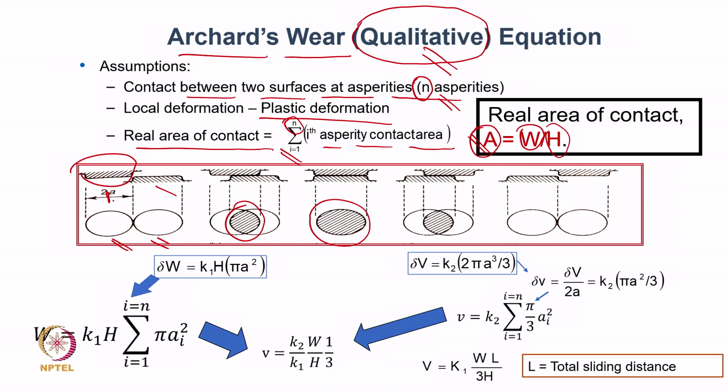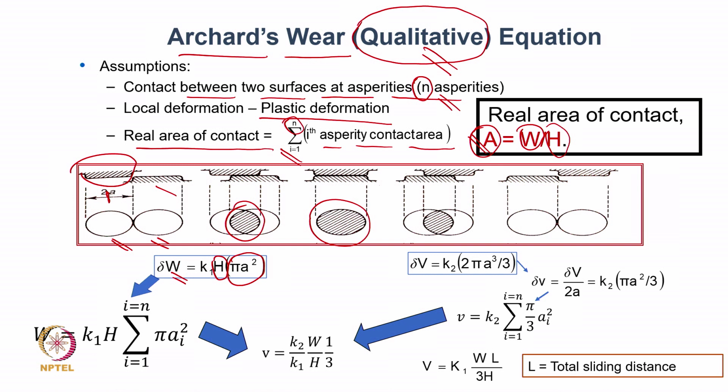In this case, the radius is a, so the maximum area will be pi a square, and if we multiply it with the hardness, this gives how much load will be carried by this asperity. Each asperity, with area pi a square, will carry a load delta W.